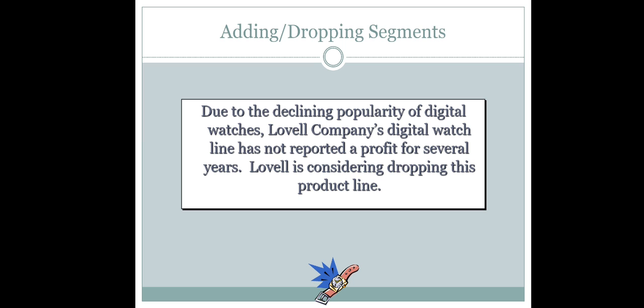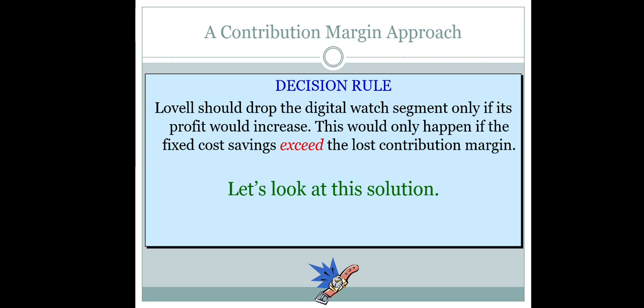So let's see the data. To make this kind of decision, you have to follow this decision rule. Lowell should drop the digital watch segment only if its profit will increase. This will only happen if the fixed cost saving exceeds the loss of contribution margin. In accounting, the rule for making a decision is very simple.